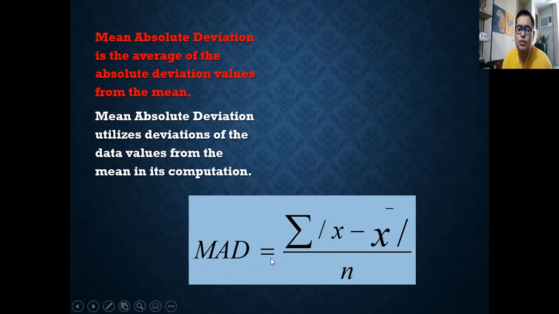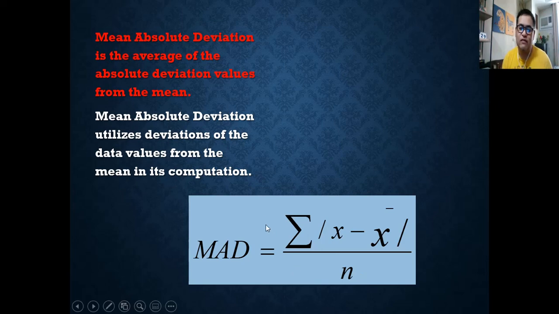This is equal to the summation of the absolute value of x minus x bar. X represents the score and x bar represents the mean. Again, x bar is the mean. So score minus mean, divided by the total number of observations. So that is the mean absolute deviation.